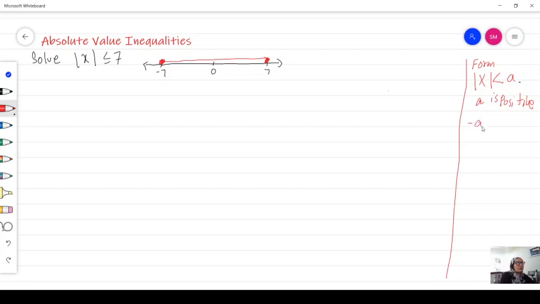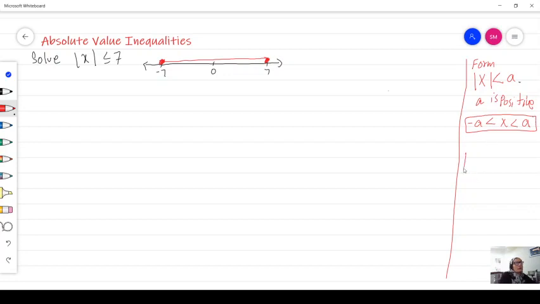It's going to be negative a less than x and then less than positive a. You have to rewrite it in this form. Once you rewrite this in this form, then we will solve the inequality further.